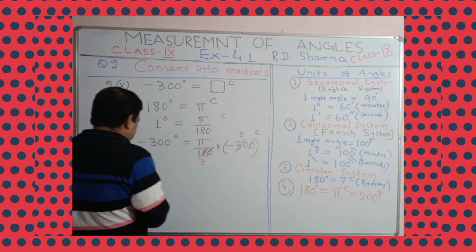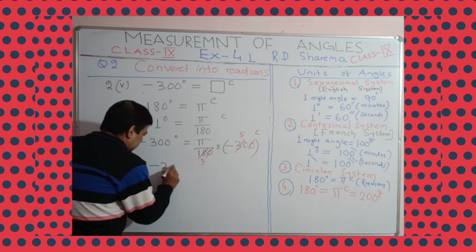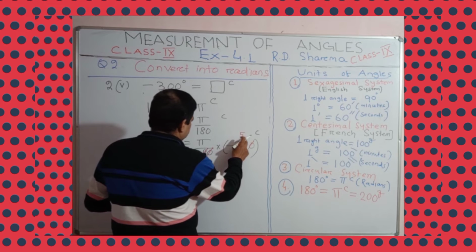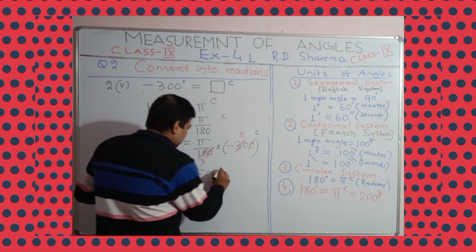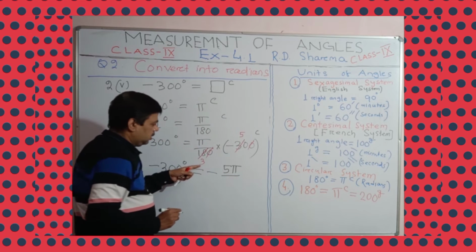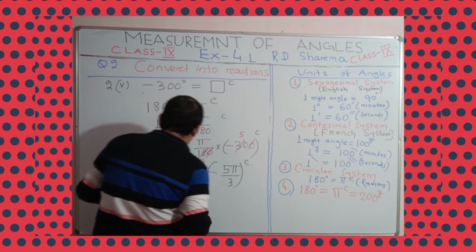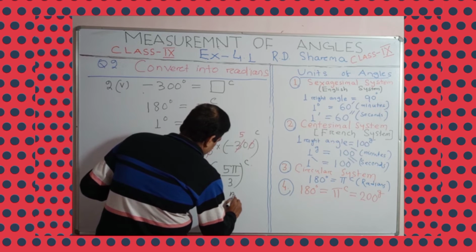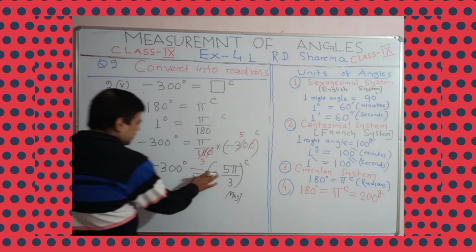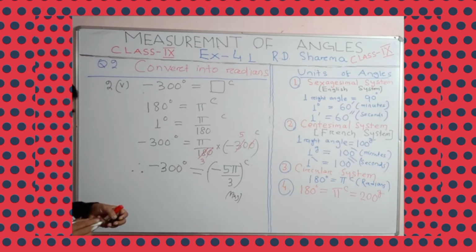So after cancellation, hence we get minus 300 degree is equal to minus, what are the remaining factors? 5, here is pi, upon 3. So minus 300 degree is equal to minus 5 pi upon 3 radian.